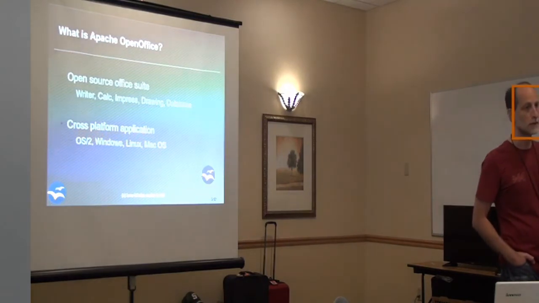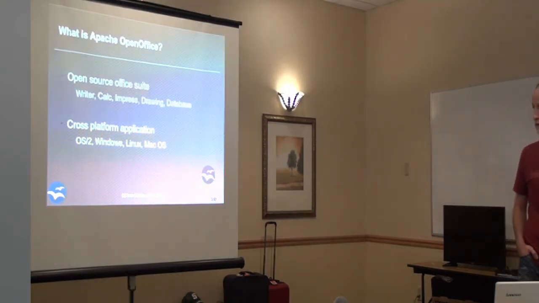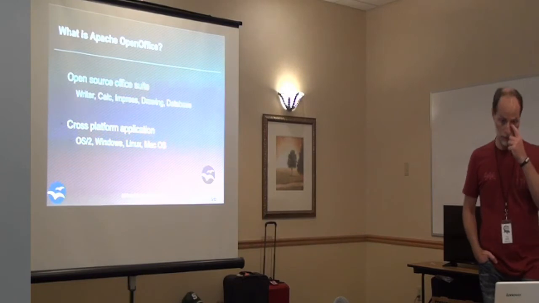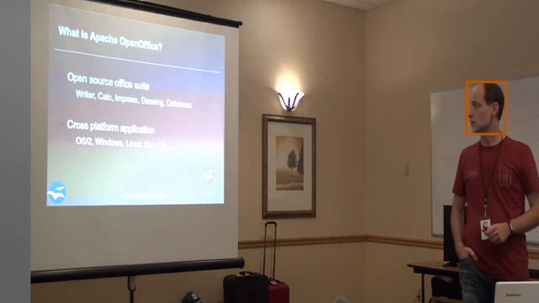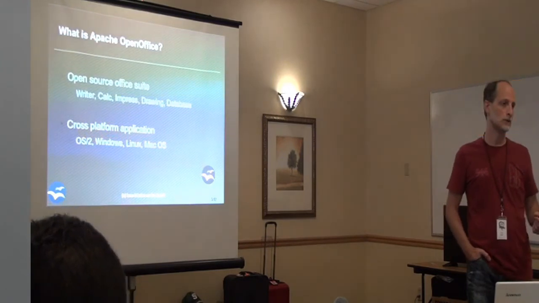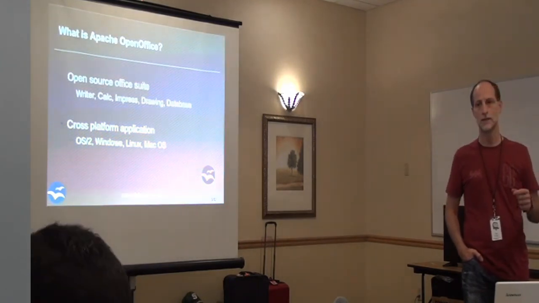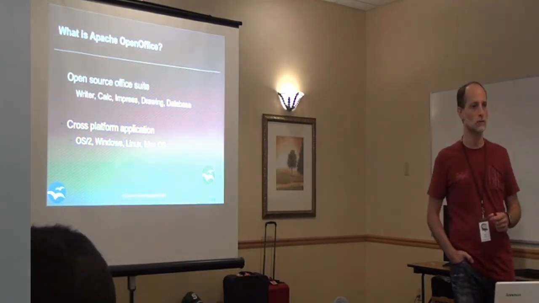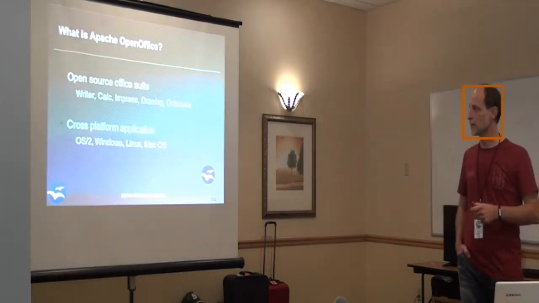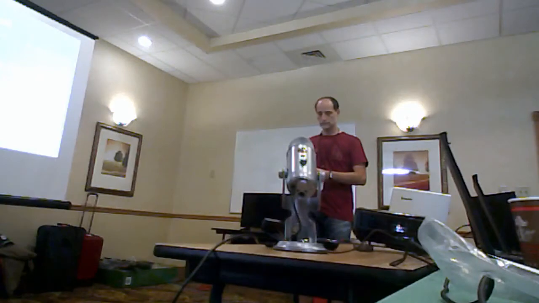It works well for OS2, but officially it runs only on Windows, Linux, and Mac OS. The OS2 port is not officially supported, but all of the OS2 code is inside the source tree, so we don't have to apply new things every time.